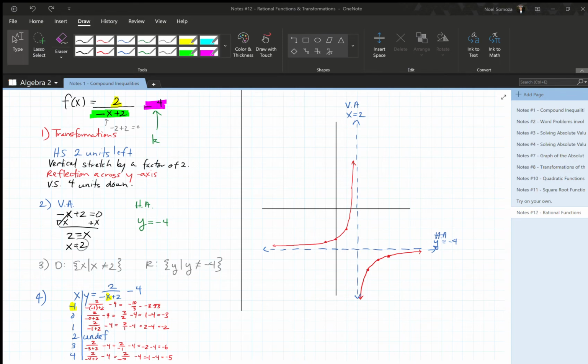And then a horizontal asymptote is going to occur at -4, because that's our y value. Oops, -4. Sorry.